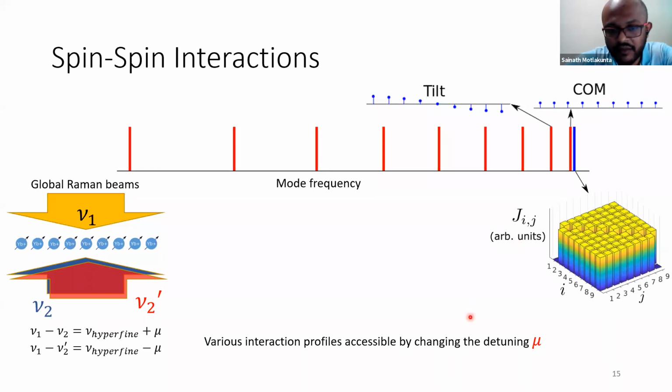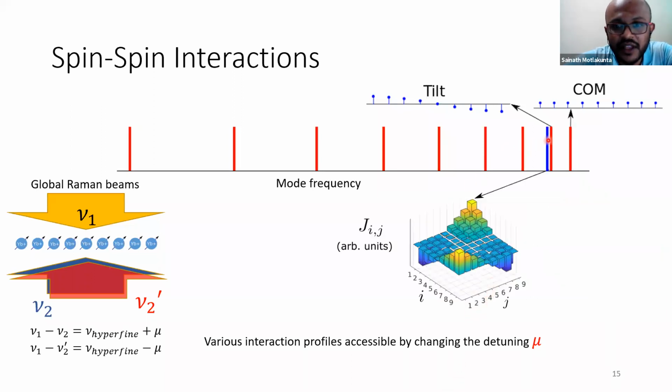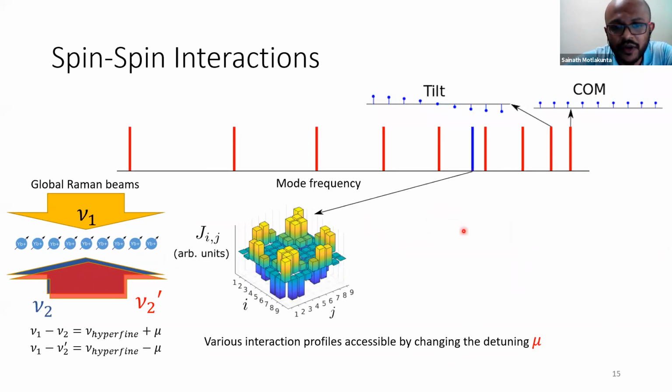And by choosing mu close to the tilt mode, we can explore an interaction profile where the interaction strength increases with distance rather than decreasing. So we can explore various such interaction profiles, but these are limited because of the single parameter mu.